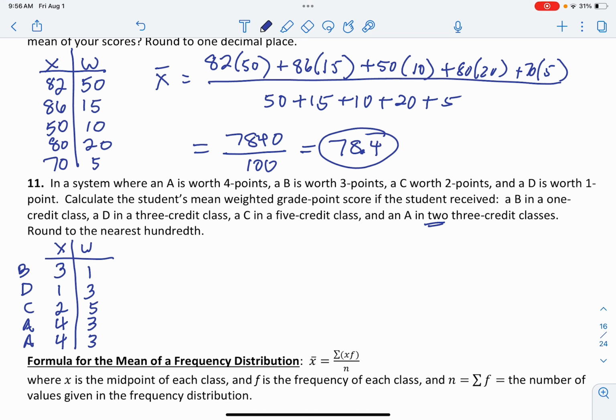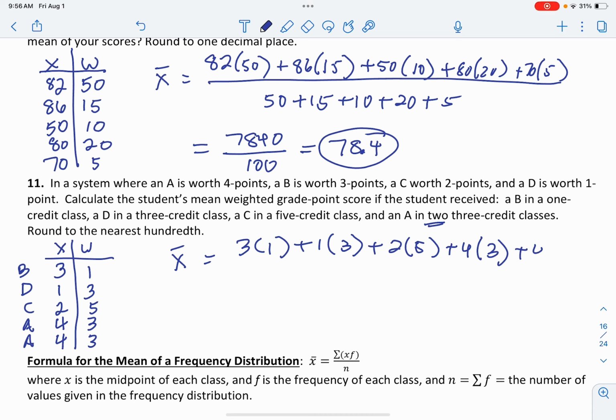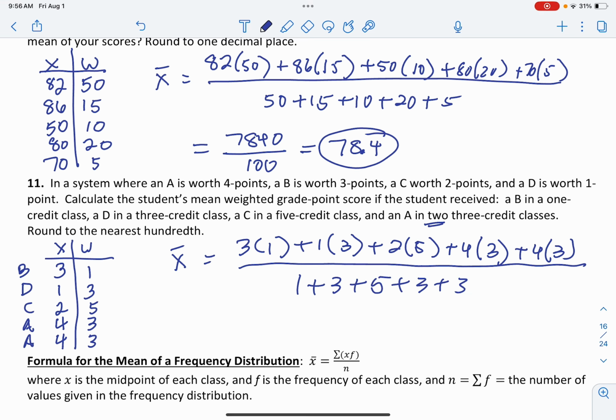Once we have that information organized, it's a lot like the one we did above. Multiply all your pairs together. And then careful, divide by the sum of the weights. In this case, credits or units. I like units, but they sometimes say credits.